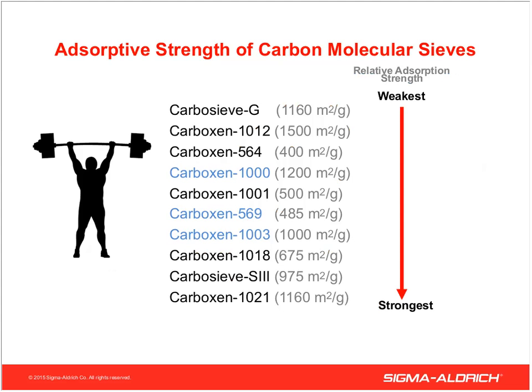Now the shape and size of the pores have more influence on the adsorptive strength. This is a general overview of the difference, but it's the size and shape of the molecule we're trying to sample that matters more. Those in blue are the most common Carboxens used for thermal desorption.